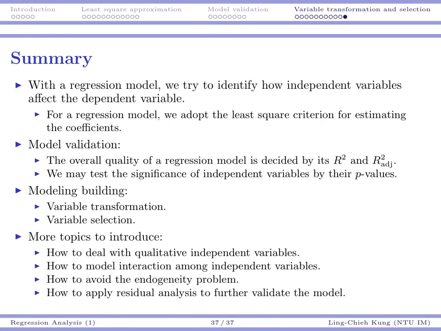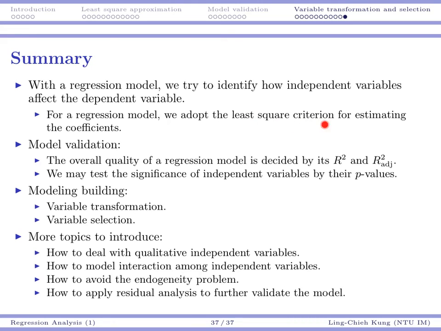Okay, a quick summary. With a regression model, we try to identify how independent variables affect the dependent variable. With such a model, we adopt the least square criterion for estimating the coefficients. Eventually, you will just use software. You don't need to use that formula, but I hope you understand what the basic principle is.